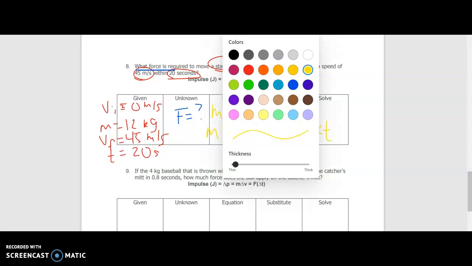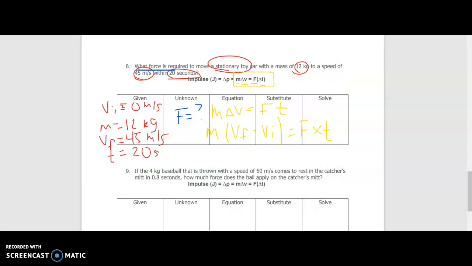All right, so our mass, we're going to plug in now. Our mass was 12 kilograms times our final velocity of 45 minus our initial velocity of 0 equals a force times our time. Our time is 20 seconds. All right, so for this one, now we can go ahead and start to simplify. So 12 times 45, because that minus 0 does nothing, right?